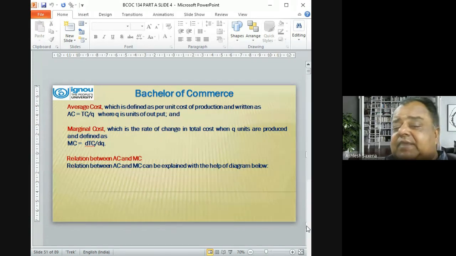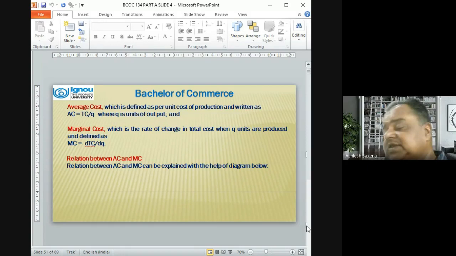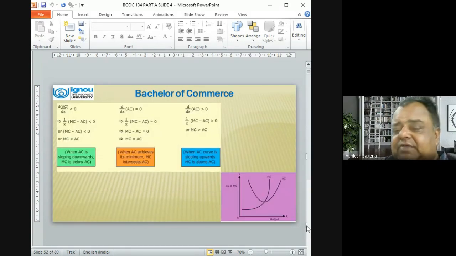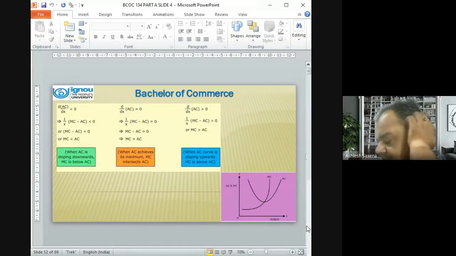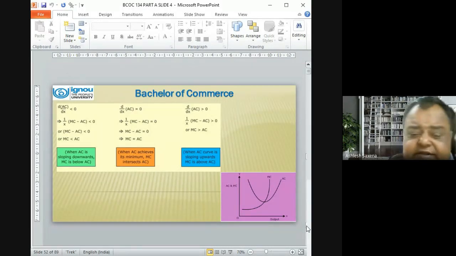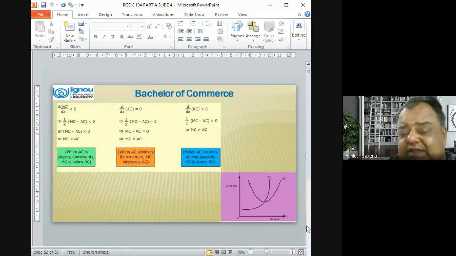What is the relationship between average costs and marginal costs? You will see a diagram over here. There are three conditions. If derivative of AC with respect to x is less than 0, in that case MC will be less than AC. That means marginal cost will be less than average cost.